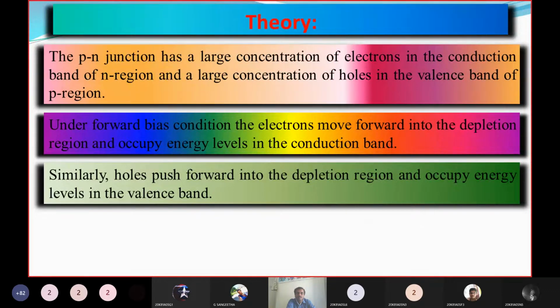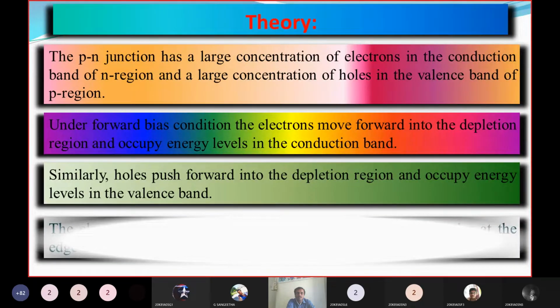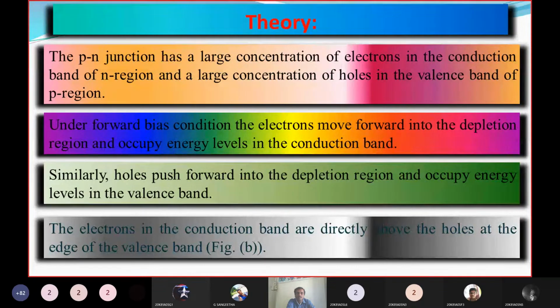Already we know that holes will occupy the energy levels of the valence band, and similarly electrons will occupy the energy levels of the conduction band. The electrons in the conduction band are directly above the holes at the edge of the valence band.